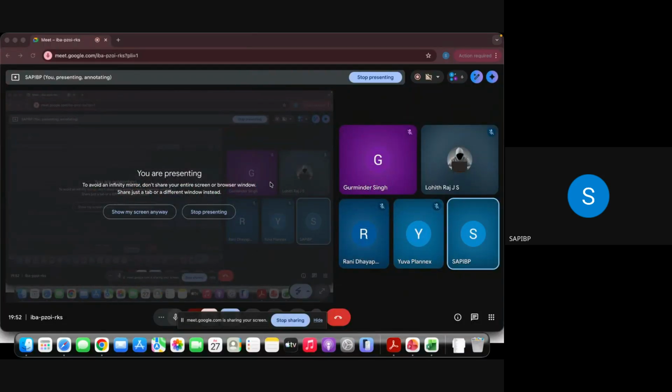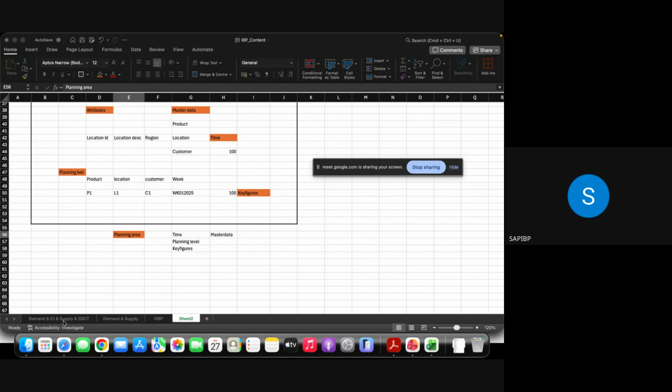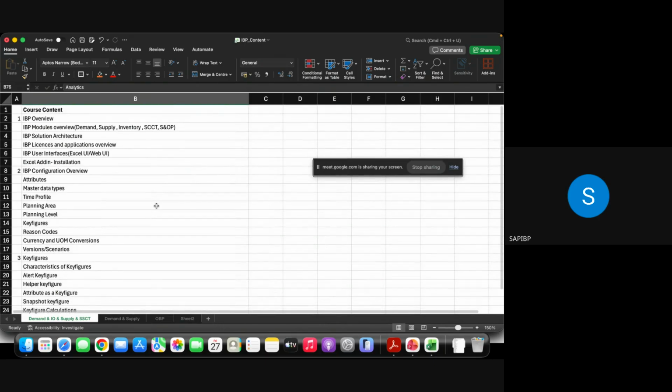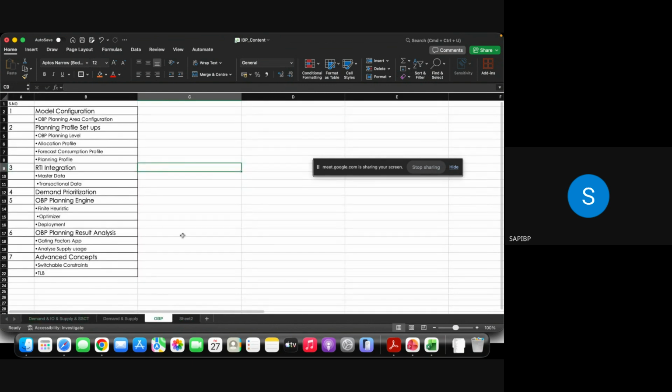So this is just an overview of IBP. As a part of this training, we are going to cover both time series and order-based planning. Depending upon your interest, if you want only order-based planning, we are going to provide this. Okay, this is the content of order-based planning.